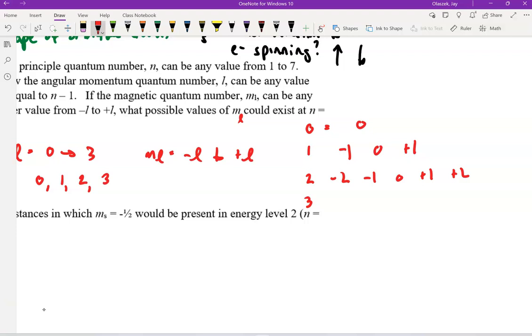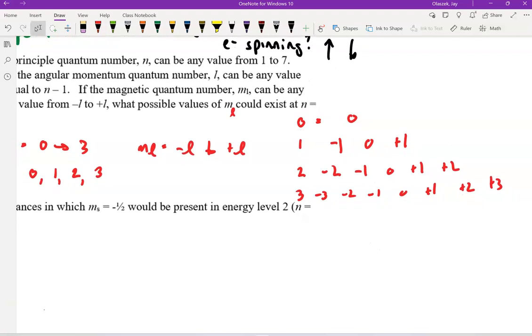And M sub L values for 3 can only be negative 3, negative 2, negative 1, 0, positive 1, positive 2, positive 3. These are the possible values for M sub L. That means there are, let's count these, 1, 2, 3, 4, 5, 6, 7, 8, 9, 10, 11, 12, 13, 14, 15, 16 possible values for M sub L. It will make more sense tomorrow.